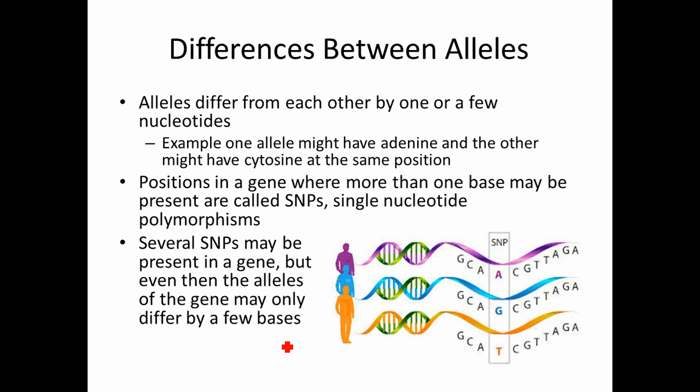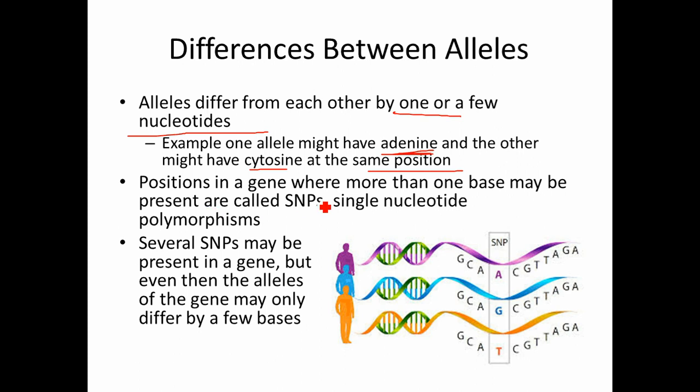So what causes these differences between these genes to give rise to alleles? So alleles will differ from each other by 1 or a few nucleotides. So for example, one allele might have an adenine, an A, and the other might have a cytosine, that's C, at the same position.